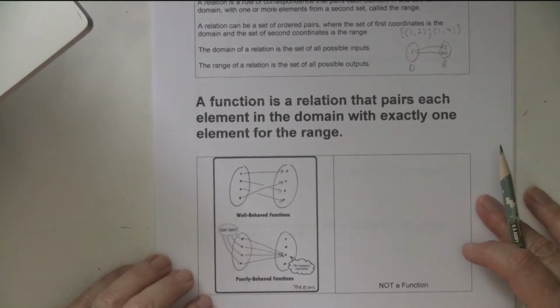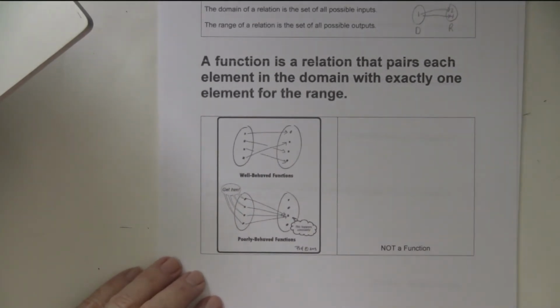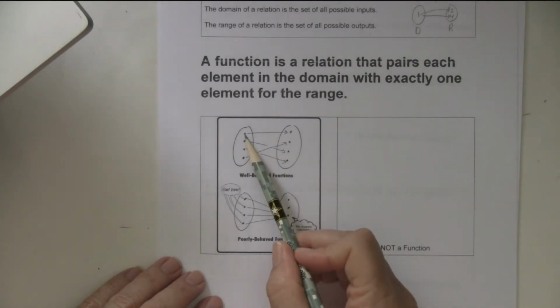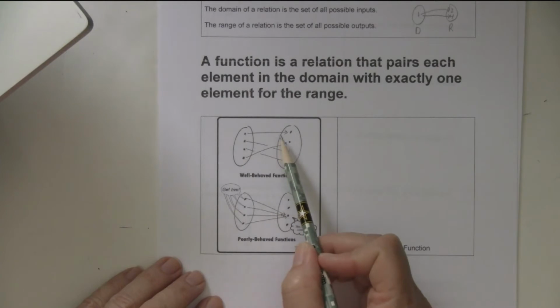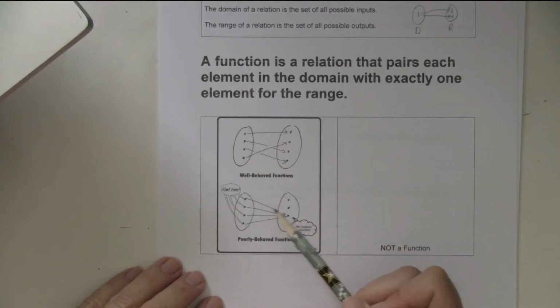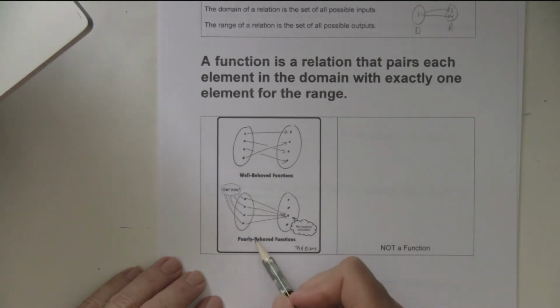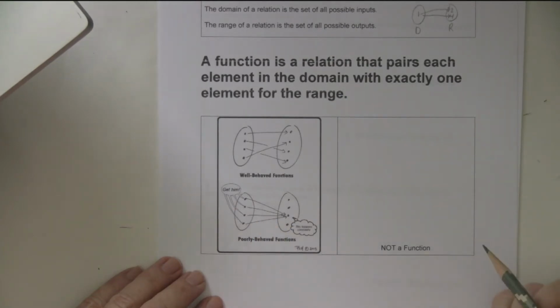And then this is kind of a joke, but well-behaved functions. And so you can see that each element in the domain is pairing with exactly one element in the range. Whereas this is also a function where each element in the domain is being paired with one element. It doesn't matter that all of the elements in the domain are being paired with that one element.